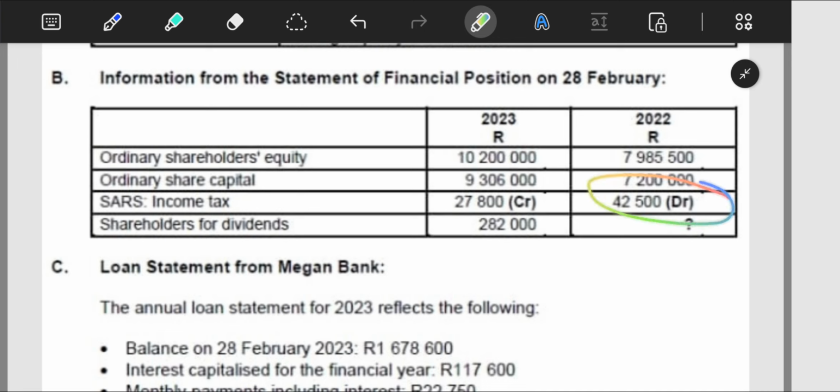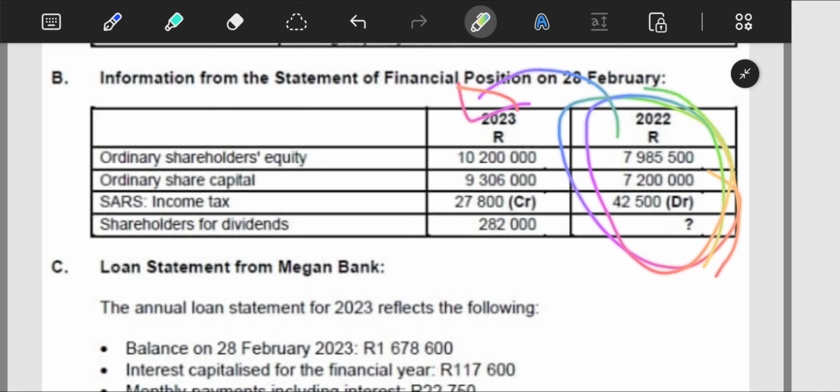The closing balance in 2022 is the opening balance in 2023. So the balances that we see here are the closing balances in 2023, and these are the opening balances because they were closing balances in 2022.